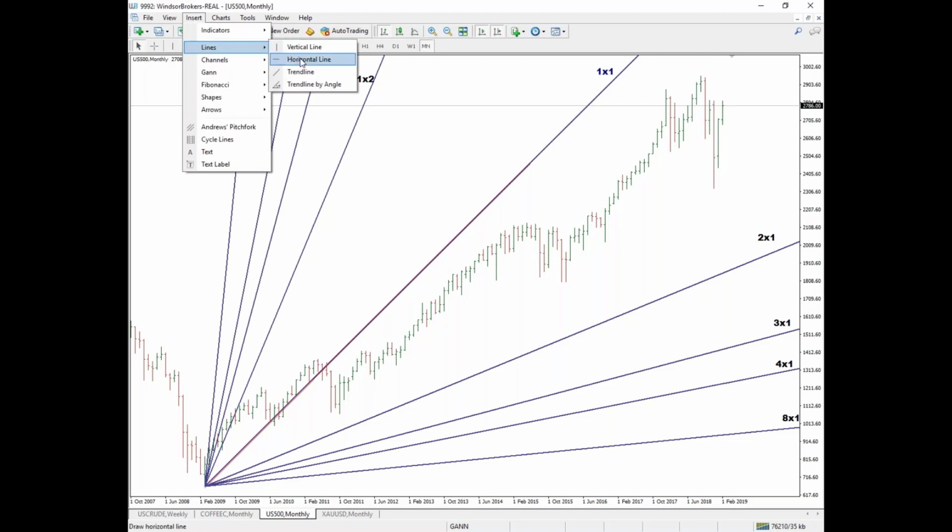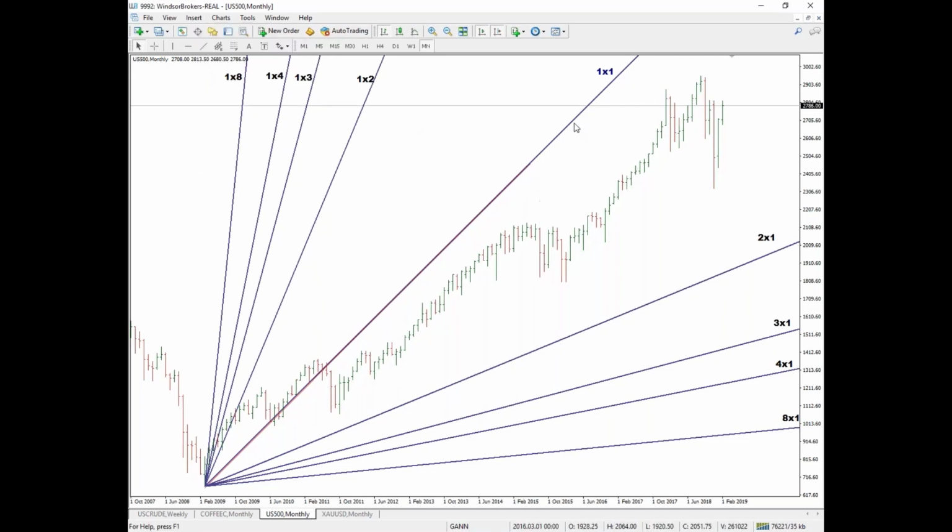So you can find the trend line by angle, draw this angle, and then arrange the initial line, which is 1 to 1. Gann lines have 9 lines, 4 below, 1 central, and 4 above. So basically, this is the main 1 to 1, 45 degrees.